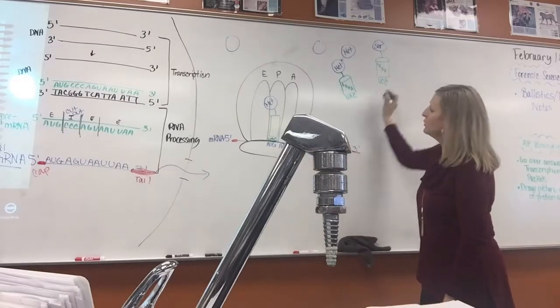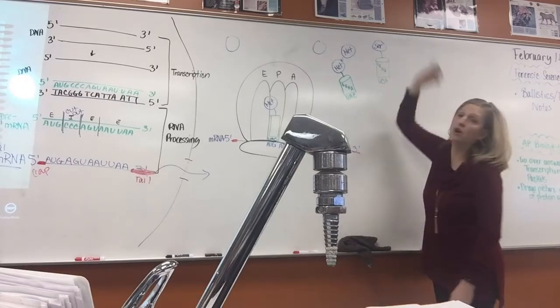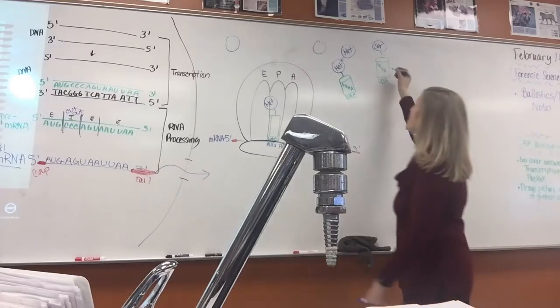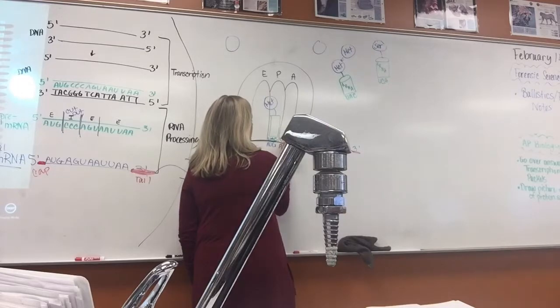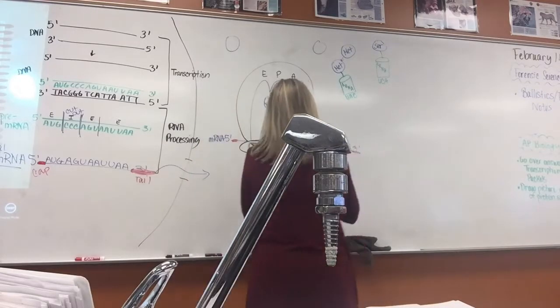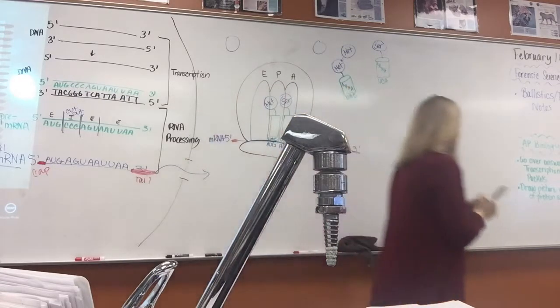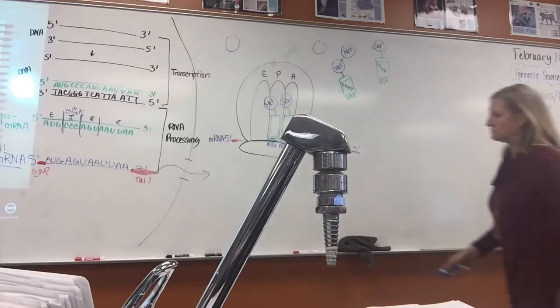So therefore, this is the only one that combines with this, and this tRNA with this anticodon can only pick up serine, so that makes it, without a doubt, the next amino acid is going to be serine. So this tRNA comes over here. All right, so we have UCA, and the next amino acid is SER. So now we have amino acid 1 and amino acid 2.